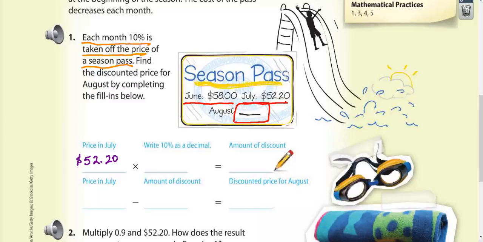Well, to get the discount, we're going to write 10% as a decimal. So we know the decimal for 10% is 0.10. Now, you might ask, do I actually need this zero at the end? No, you don't. If you want to write it as 0.1, that's perfectly okay. In fact, that's how most mathematicians would write it.